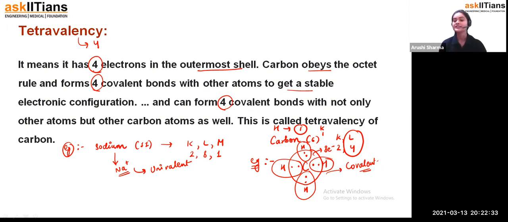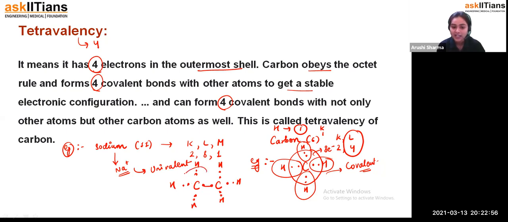For example, if the condition is like this, carbon, carbon, with one electron shared between them, then 3 hydrogens are required for each. So it can combine with another carbon atom as well as with hydrogen.